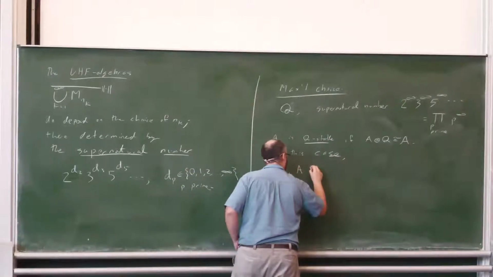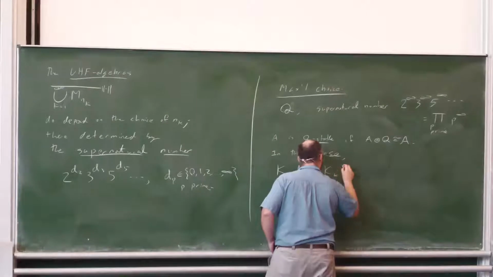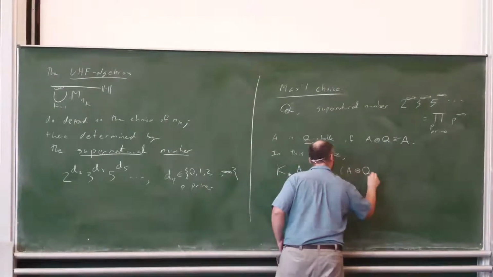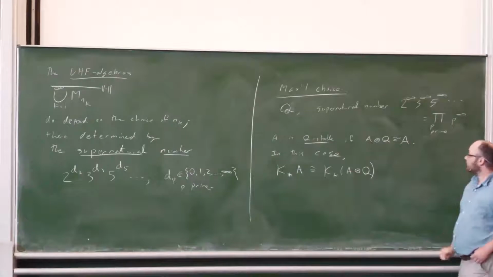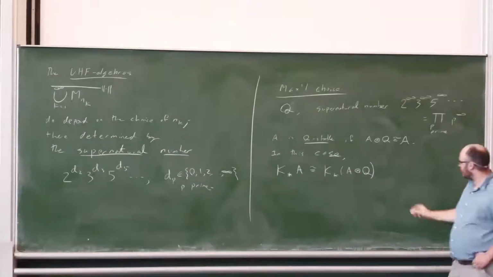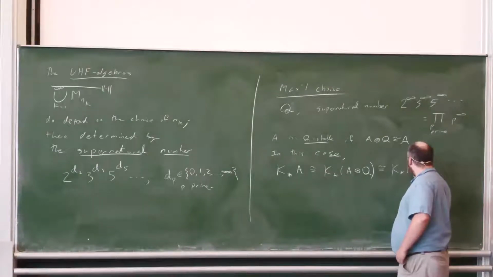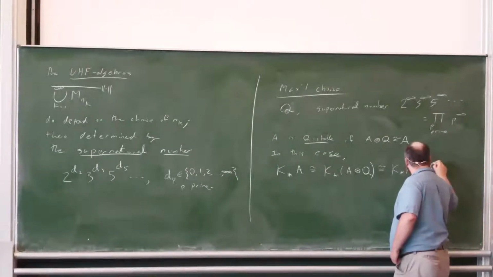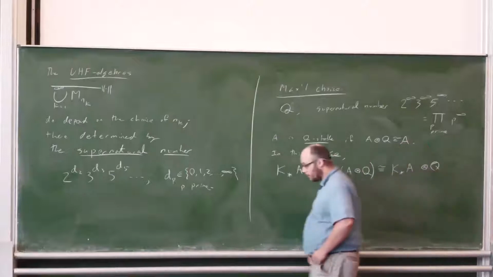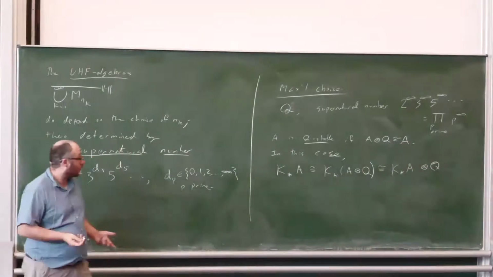The K-theory of A will be the K-theory of A tensored with Q, of course. And that tensor product turns out to be exactly the rationalization of the K-theory. You're tensoring the K-theory group with the rational numbers.